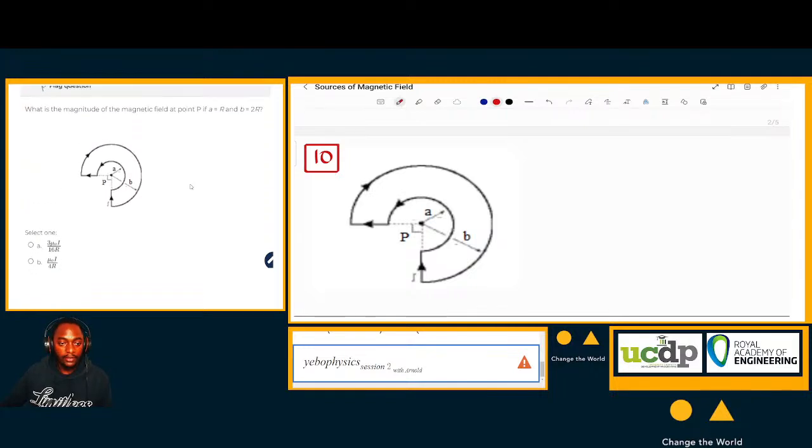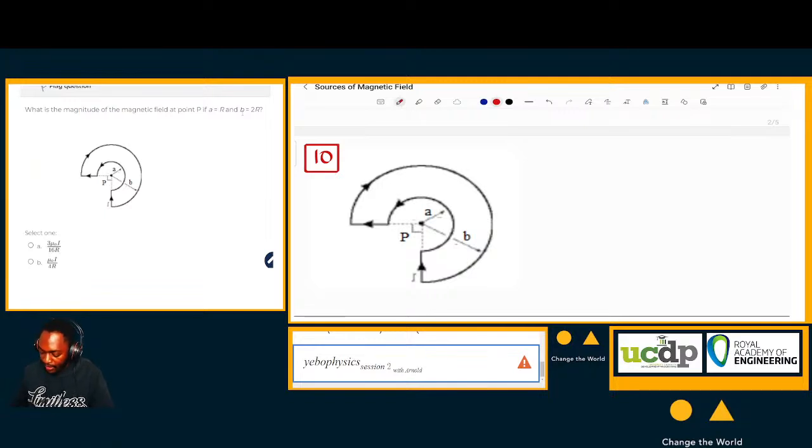Question 10. What is the magnitude of the magnetic field at point P if A is R and B is 2R? Okay, now we have got a different situation there, right?